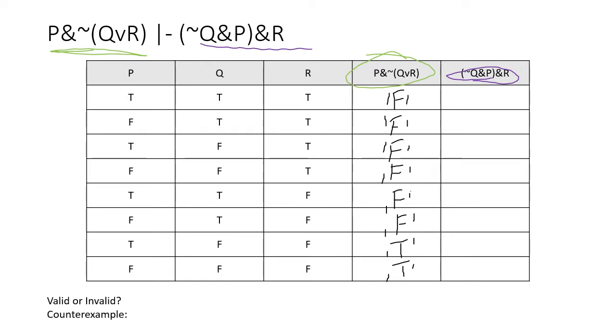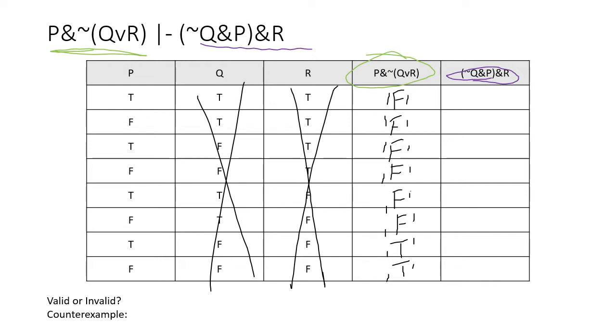And bring back in our P and ignore these. And so where are both of these true? Well, there's only one. That's right here. And so the rest of these are going to be false. And we can get rid of this column here.